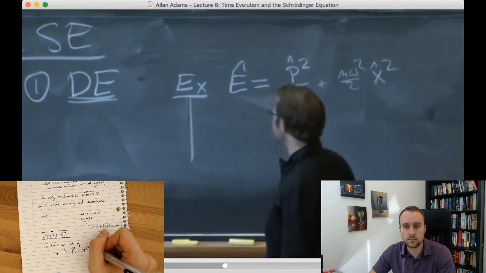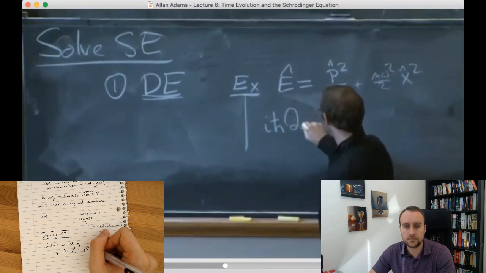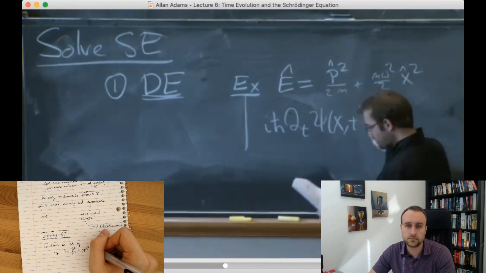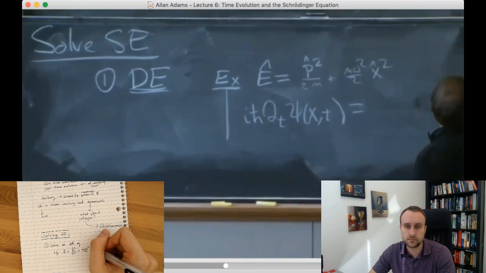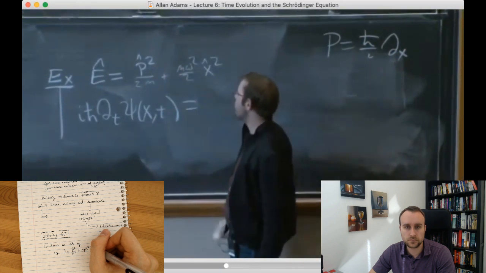And what is the differential equation that this leads to? What does the Schrödinger equation lead to? Well, we've got to put the i h bar on the other side. i h bar, derivative with respect to time, psi of x and t, is equal to p squared. Well, we remember that p is equal to h bar upon i, derivative with respect to x. So p squared is minus h bar squared, derivative with respect to x squared.